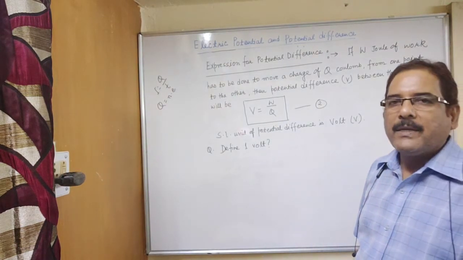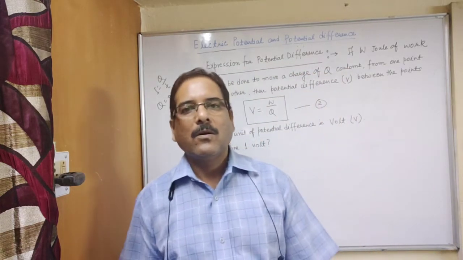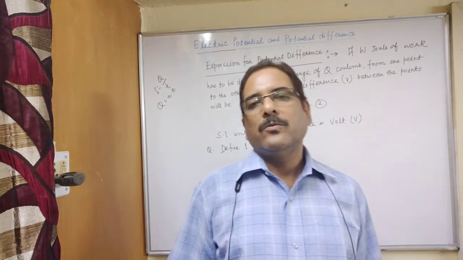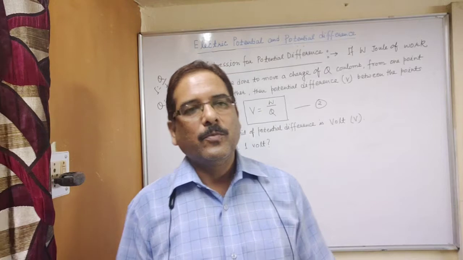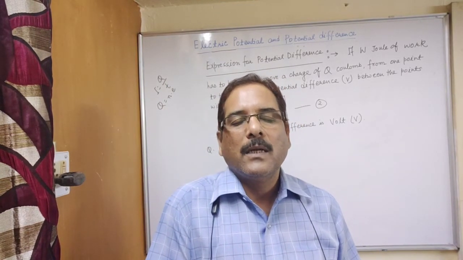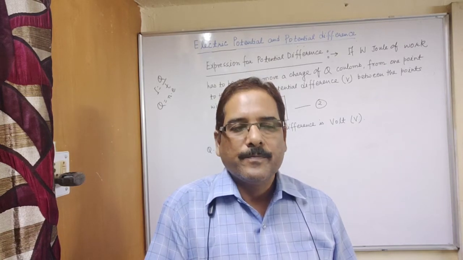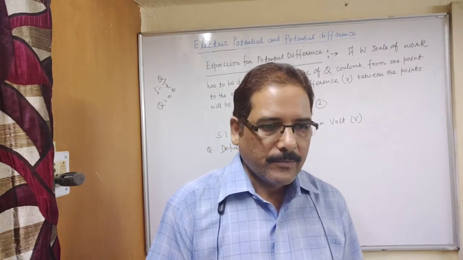Now how can we measure the potential difference? A device called a voltmeter is used to measure the potential difference between the 2 points in an electric circuit. A voltmeter is always connected in parallel.